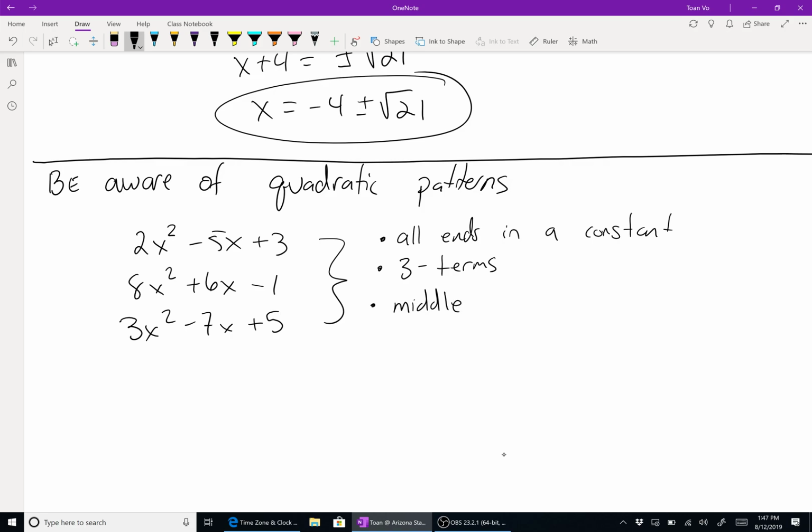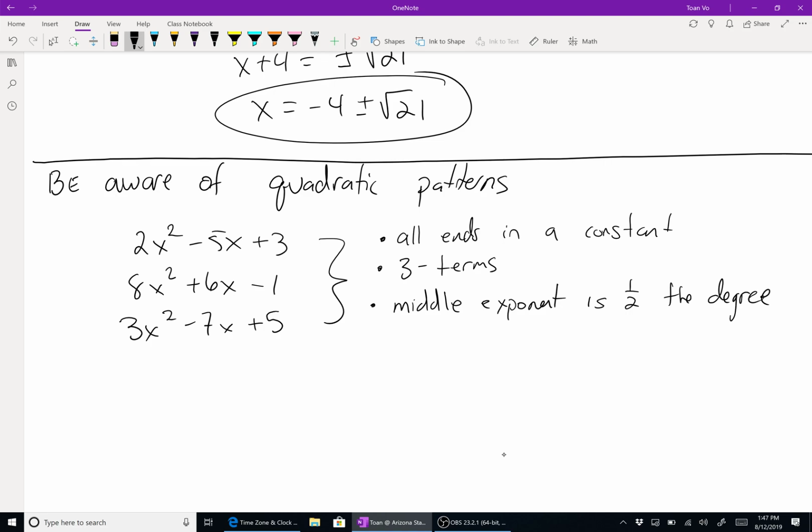And notice in all of these quadratic trinomials, the middle exponent is a 1, whereas the degree, or the leading exponent, is a 2. And the relationship between 1 and 2: 2 is twice as much as 1, 1 is 1/2 as much as 2. So the middle exponent is 1/2 the degree.